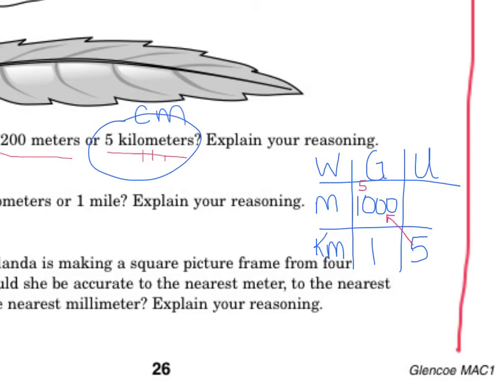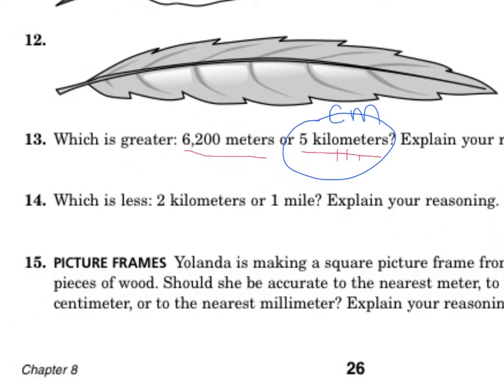That's 5,000. Divided by 1 is 5,000. So which is greater, 6,200 meters or 5,000 meters? It would be 6,200 meters. Why? Because 5,000 meters equals 5 kilometers. That's why.